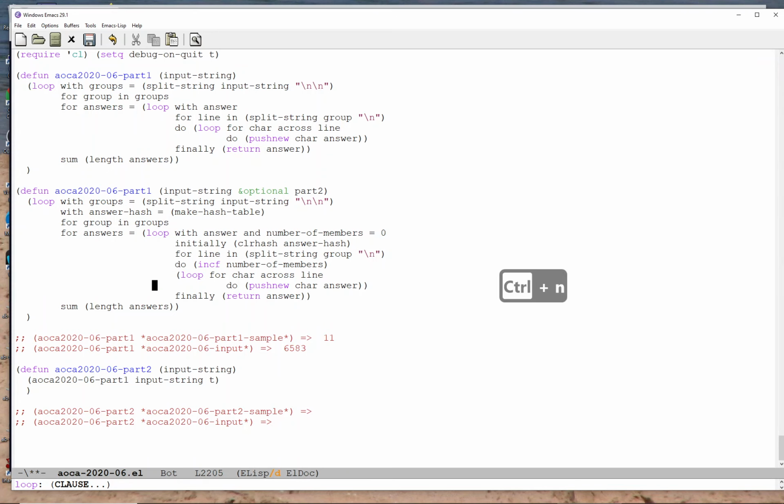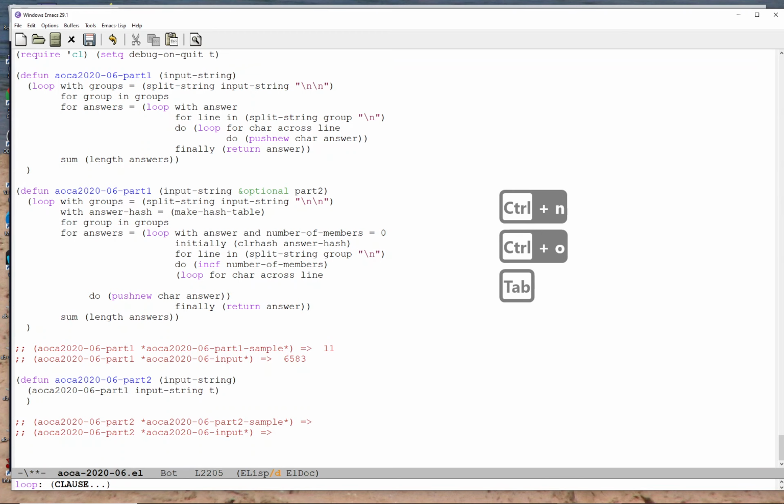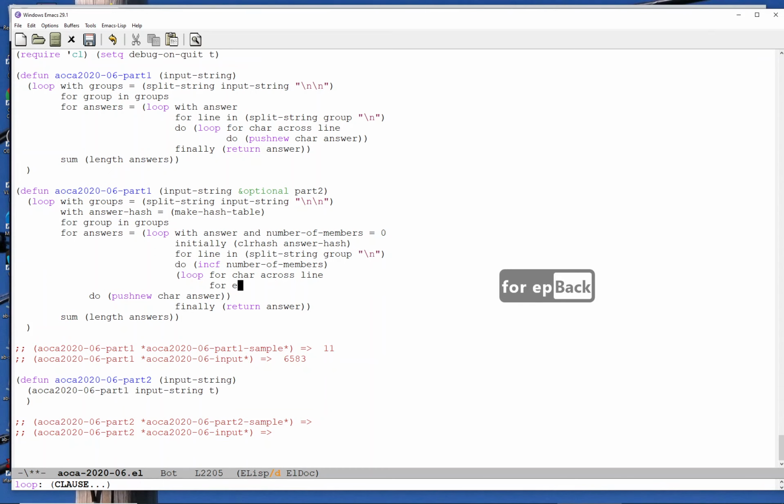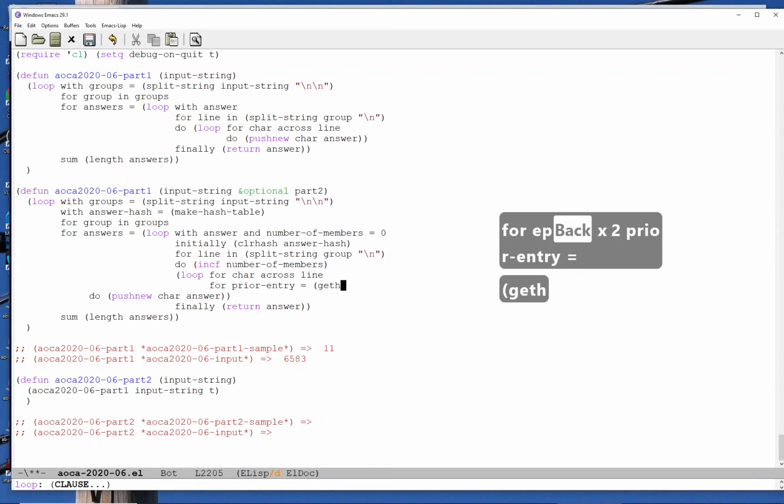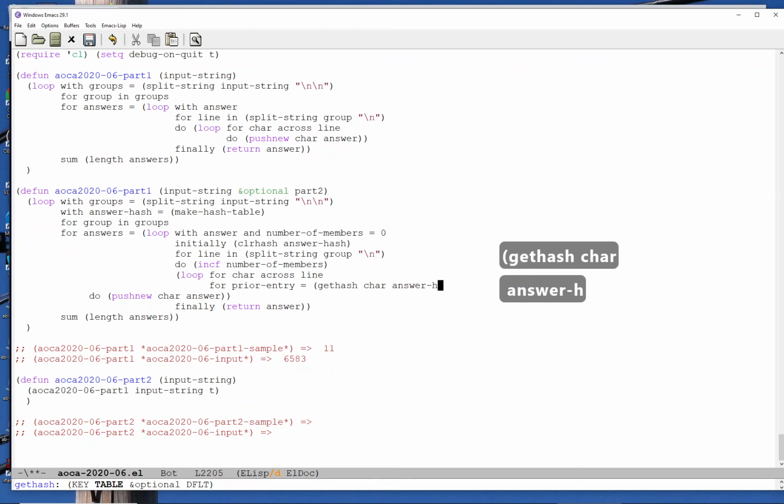And then we're going to prior entry equals get hash char of answer hash.